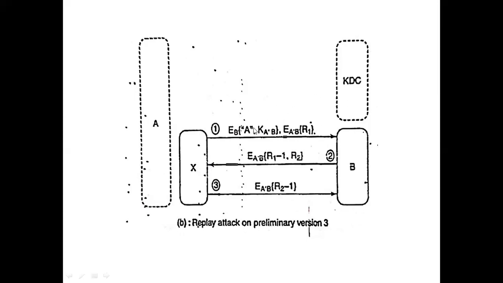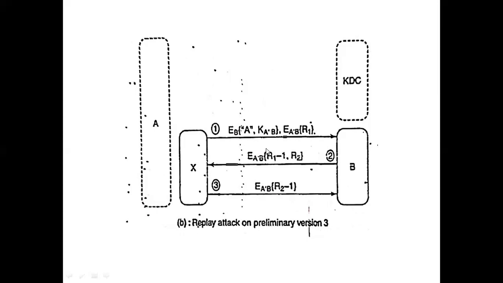I am going to explain how it is performed now. A dash is the old password generated by a key, and A will be the new password generated by the key.